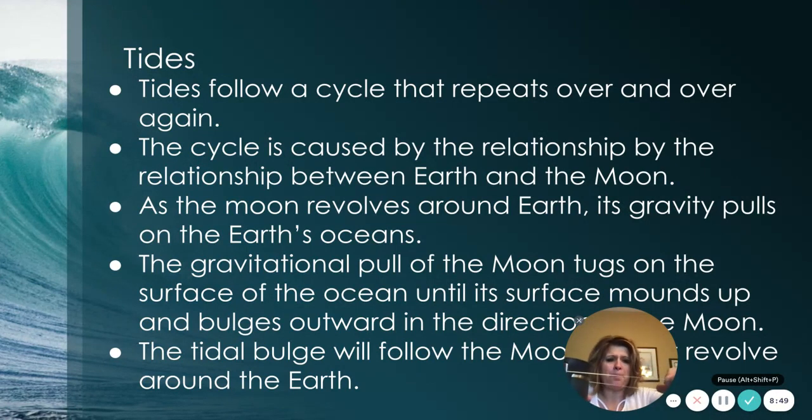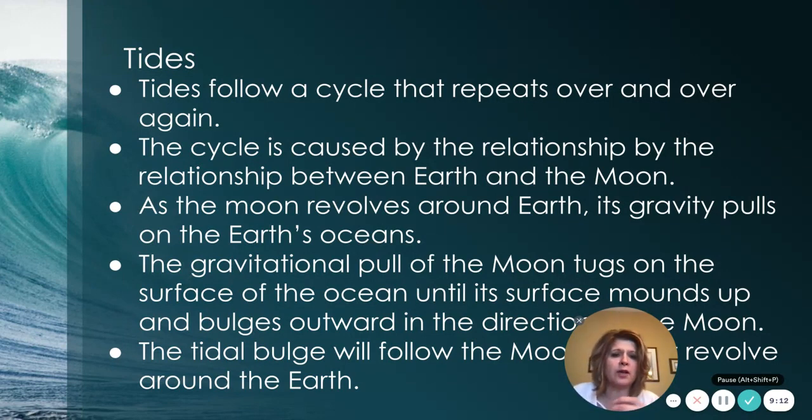It bulges out. Well, guess what? When it bulges out, it runs out of room for the water on top of it, and so it pours out onto the ocean surface. So the tides are a cycle that repeats over and over every day. This cycle is a relationship between the Earth and the moon.